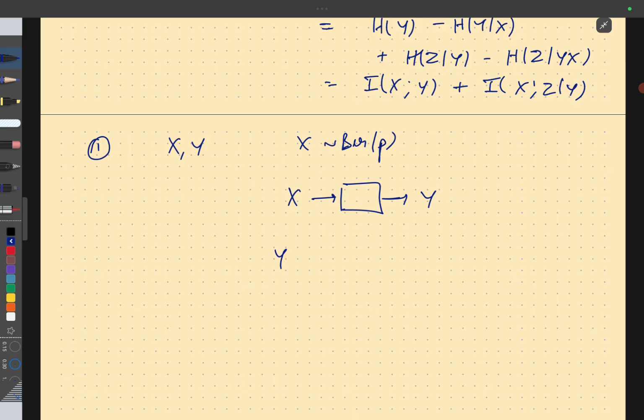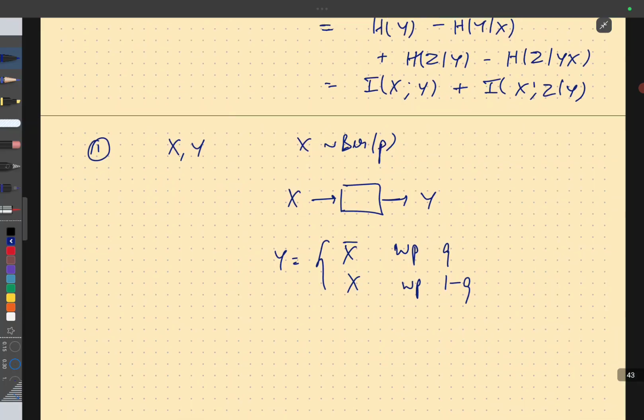All right. So y is equal to x bar, that is the complement of x, with probability q, and it's equal to x with probability 1 minus q.